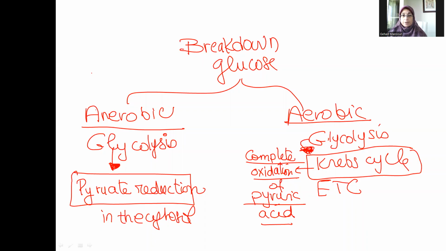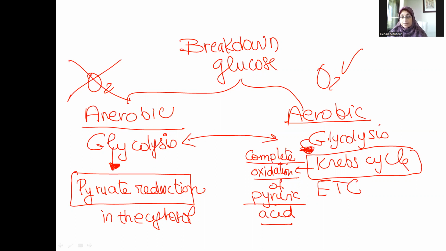Of course, in anaerobic there is no oxygen, and in aerobic there is oxygen. This is the first difference. The second difference is that, or actually there is a similarity, they both start by glycolysis. The second difference is that in anaerobic breakdown of glucose, after glycolysis, pyruvate undergoes reduction, whereas in aerobic, pyruvate undergoes oxidation.